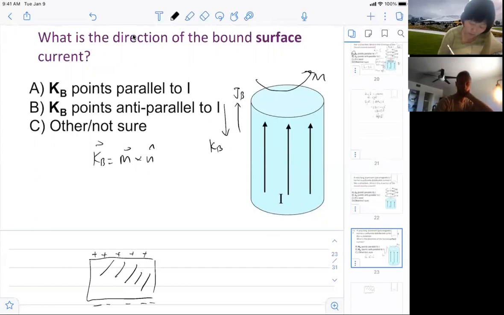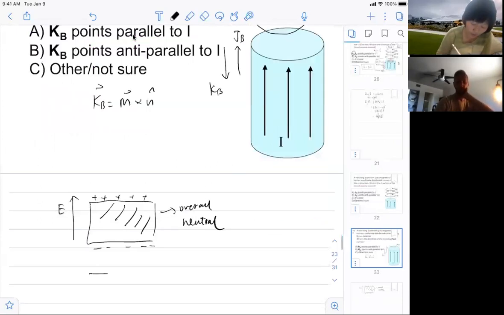So it's still overall neutral. Before you polarize it, it was neutral. After you polarize, it's still overall neutral. Is it ever possible when you polarize a material that you get positive on top and positive on bottom? Is that a possibility?